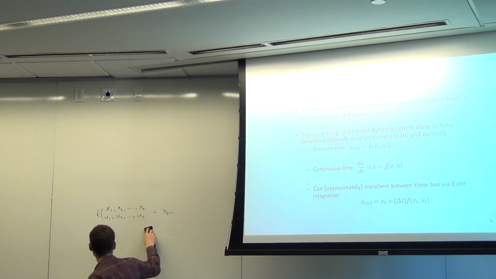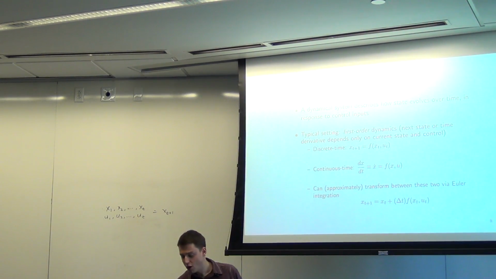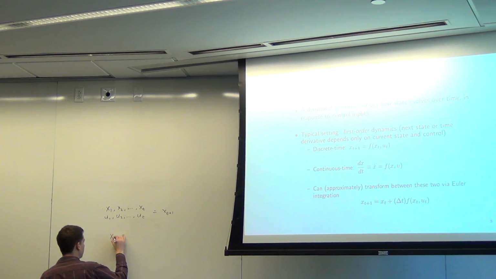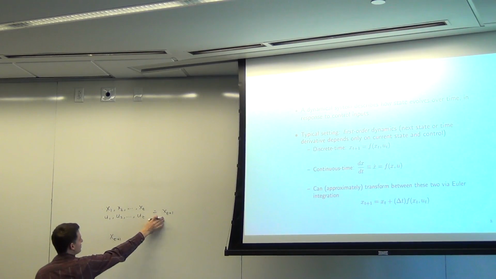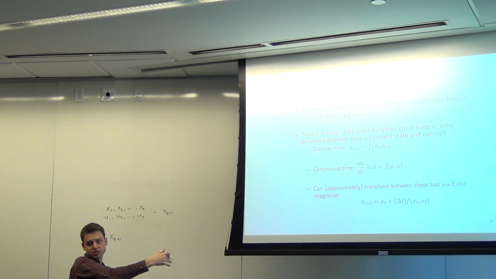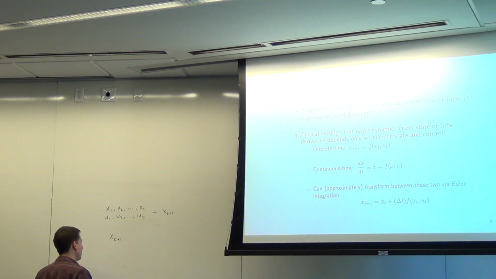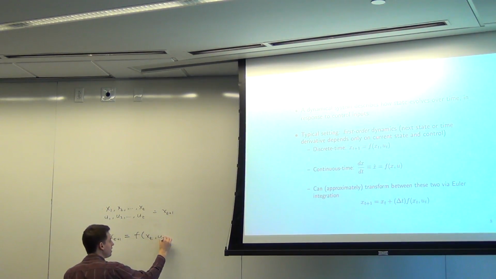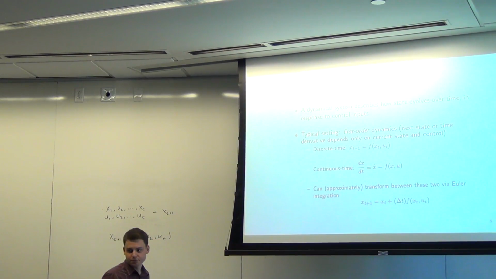We're not going to talk about systems where all the past states and all the past controls can affect the next state. What we'll talk about, and this is sometimes used as a definition of state and control, are first-order systems. What I mean by that, at least in the case of discrete time, where we think about a discrete sequence of events, is that the state at time t plus 1 is going to be a function just of the state at time t and the control at time t.